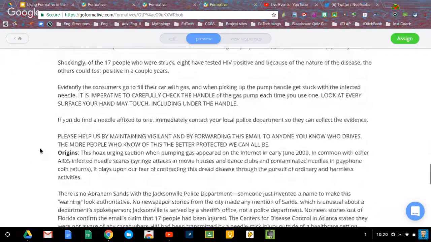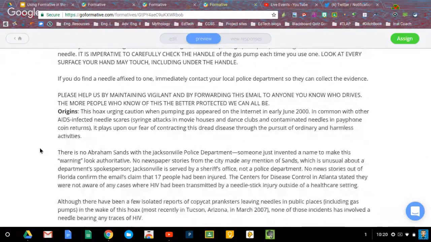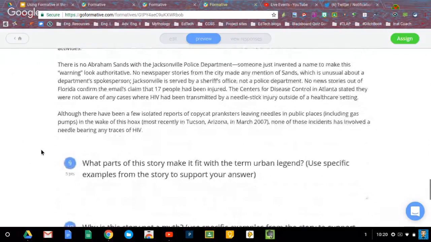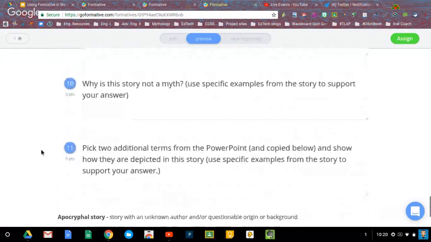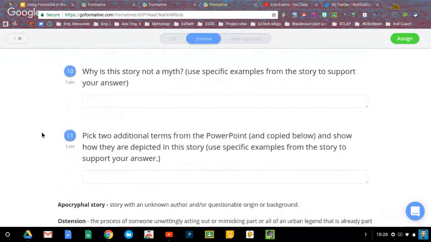I asked them to find ways to really put the information to the test, and figure out what could be false, or what sounds close to being legitimate. They answer these questions. Why is the story not a myth?